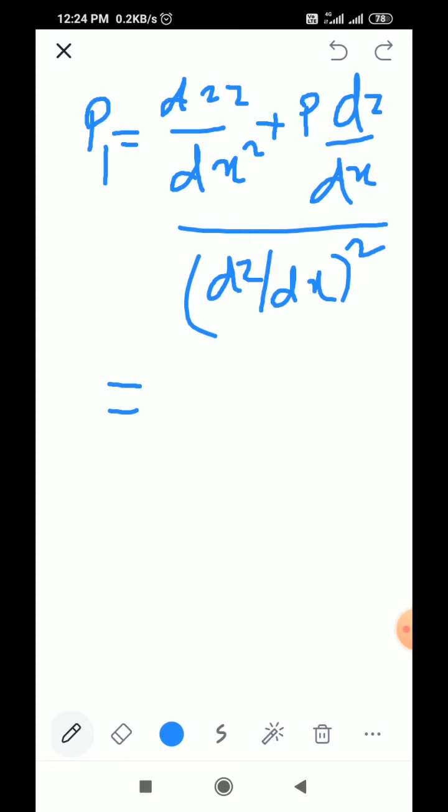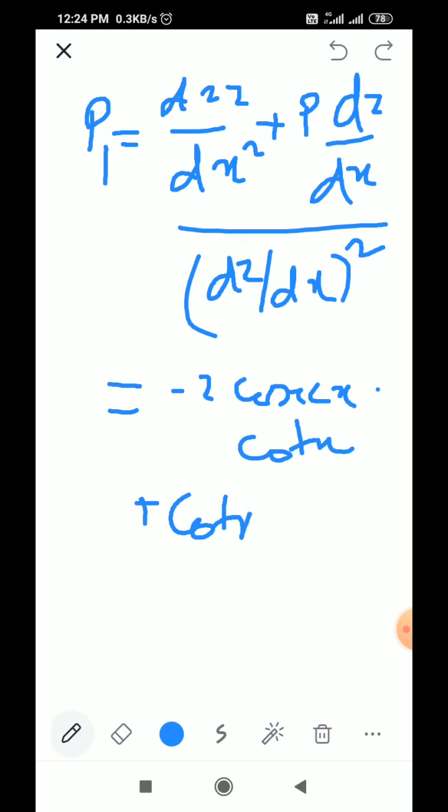So dz by dx is equal to 2 cosec x. Therefore d2z by dx square is equal to minus 2 cosec x cot x, plus cot x into 2 cosec x, whole upon the term dz by dx whole square.